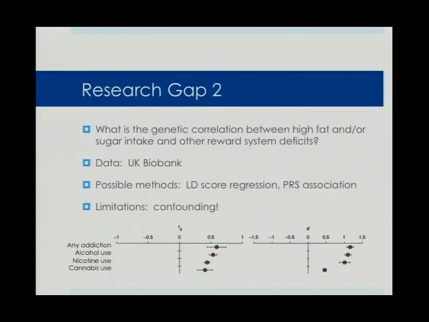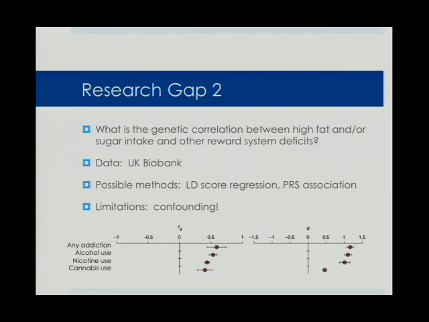And then the second research gap that I was thinking about, which hopefully is obvious to people from what I've discussed today, is: what is the genetic correlation between high fat and or high sugar intake and other reward system deficits?